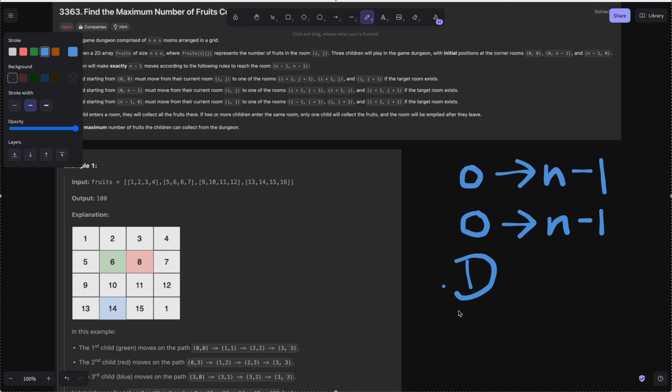So for the second child we can go with recursive calls and check each of the moves, and wherever the number of fruits collected becomes maximum, we will choose that path. Similarly for child 3. After doing all these things, we will calculate the total fruits and return the answer.